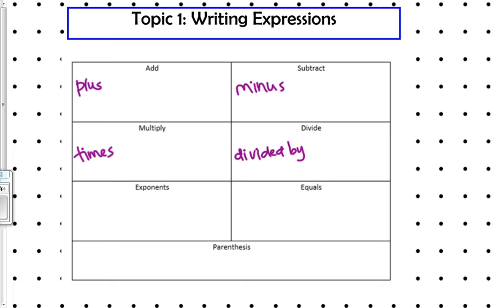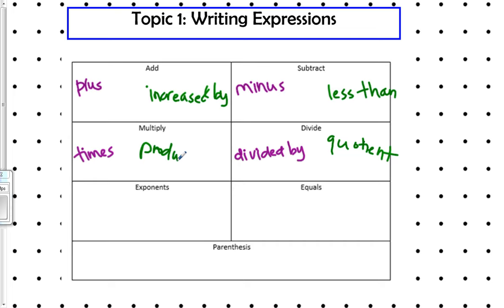So for example, add, we might say increased by. Okay, subtract, we may say less than. Divide, you may hear the word quotient. Let's see, what else? Multiply, you might hear the word product. You might hear sum with add.